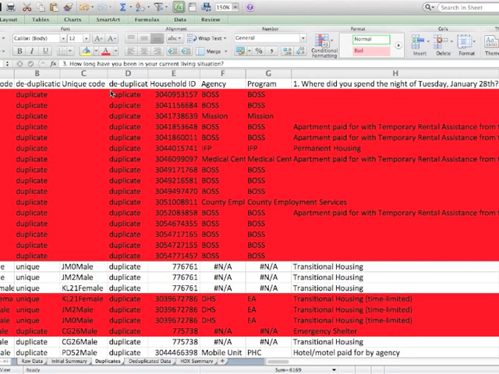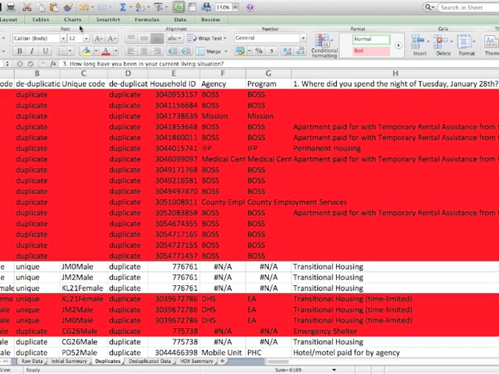The only other time a record was deleted is if there was no identifying information and they weren't part of a household that had complete information. So if a survey was entered and everything for the head of household was entered, but then there was no identifying information for the children, that was kept as long as the head of household wasn't a duplicate.